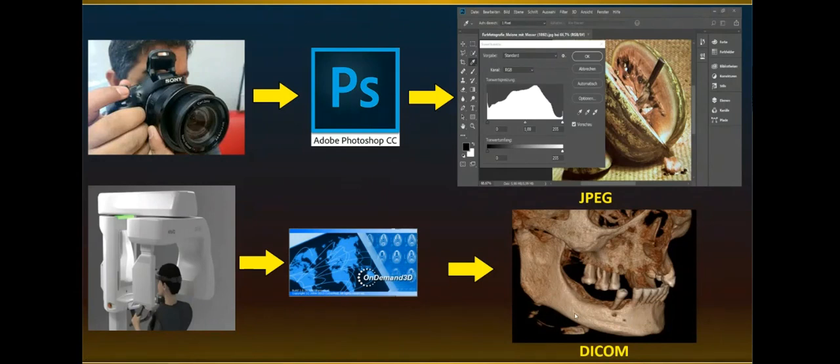So, in brief, the CBCT is an acquisition unit. It is responsible for the accuracy of the data of the patient. What we see on the computer is the function of the third-party software. We have a lot of third-party software for implant planning and for imaging in general.